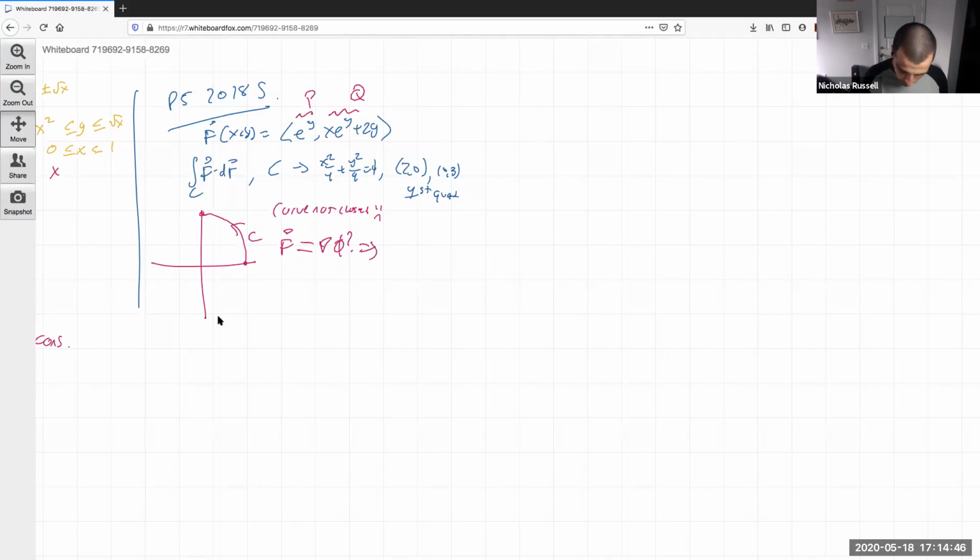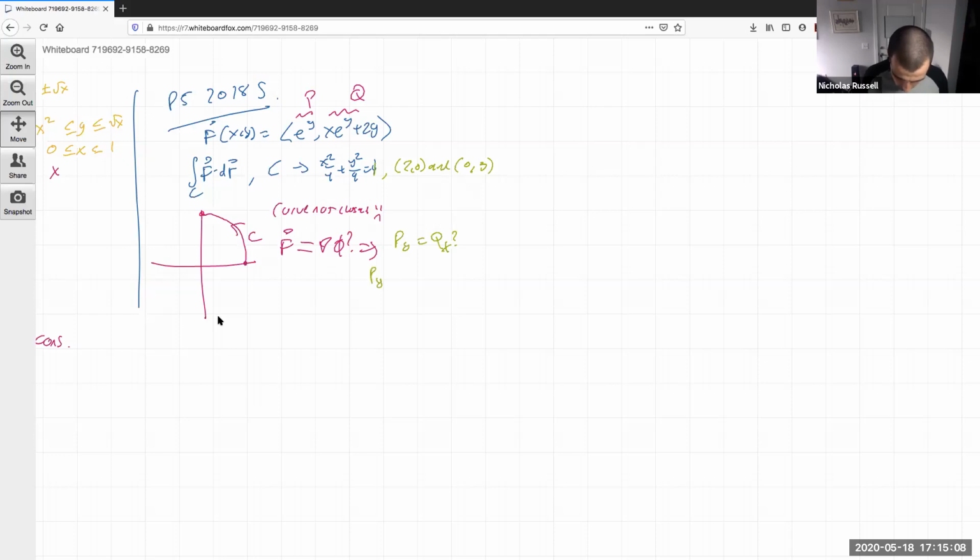So yeah, this curve is just x squared over 4 plus y squared over 9 equals 1 between the points (2, 0) and (0, 3) here. To see if this is conservative, we need to see if P_y is equal to Q_x.